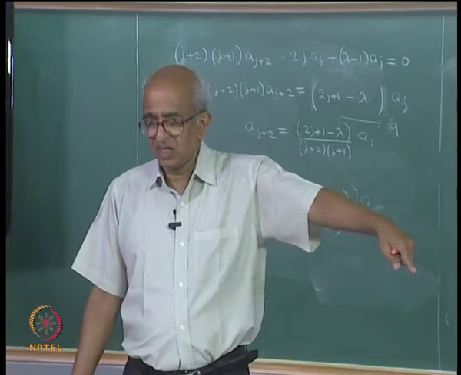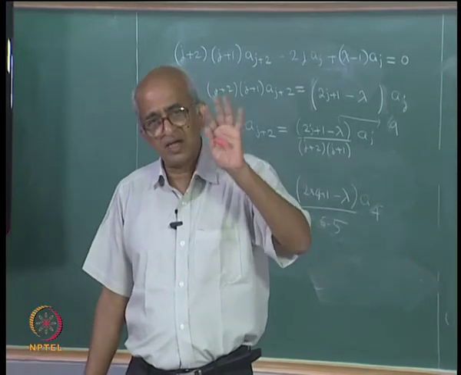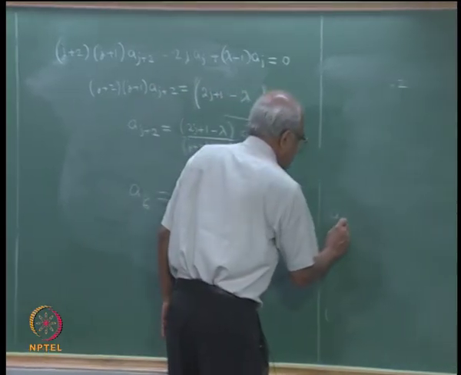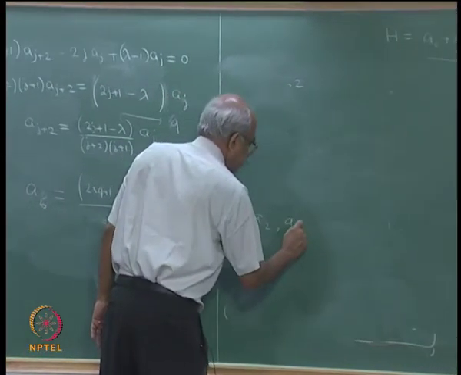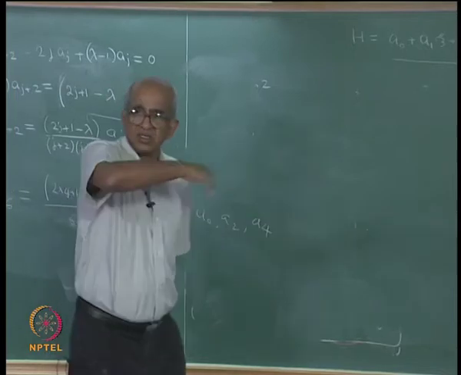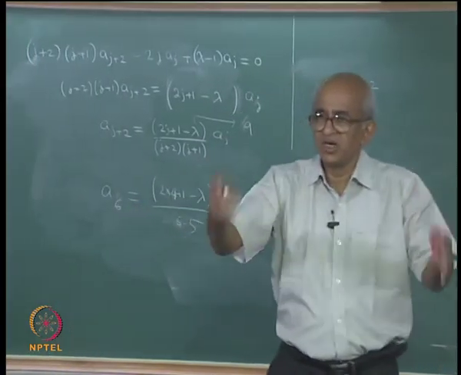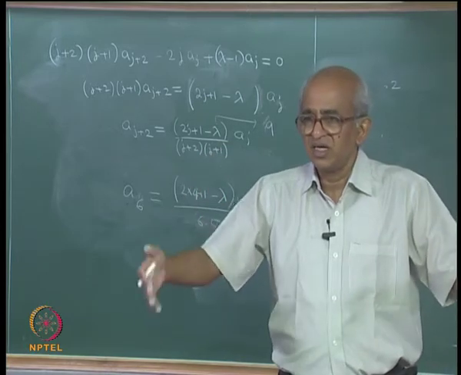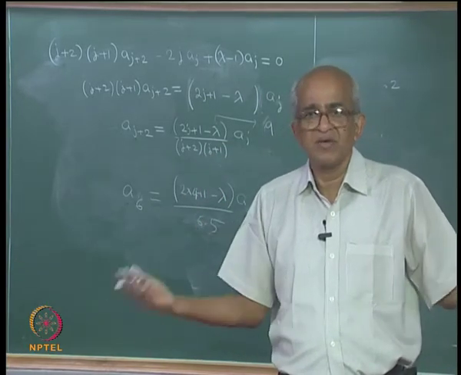A8 is determined in terms of A6. So, if I have lambda equal to 9, then I will have A0, A2, A4, and starting from A6 all the terms are 0, and therefore, I have successfully terminated the series at a finite power of C, and I will have an acceptable solution.